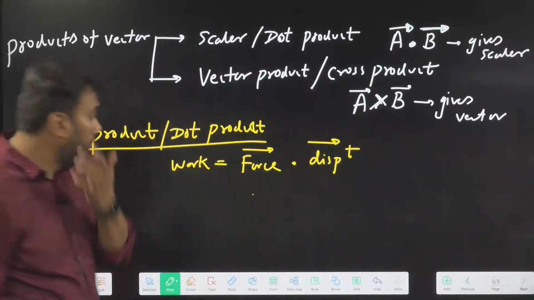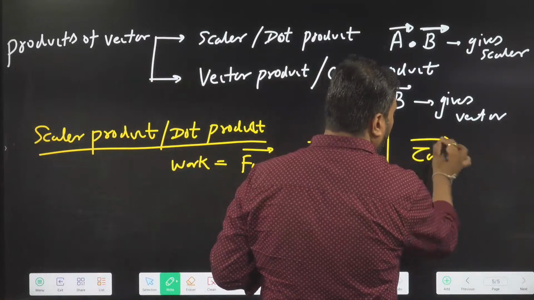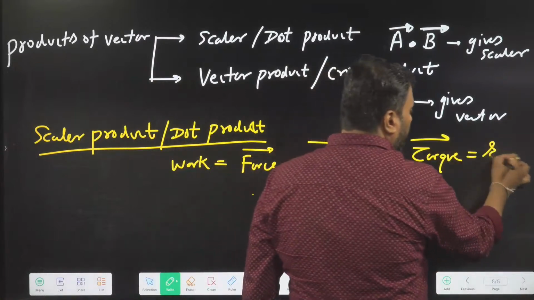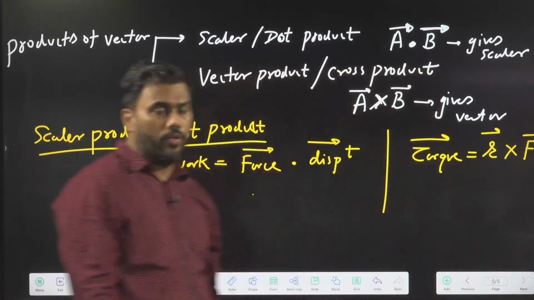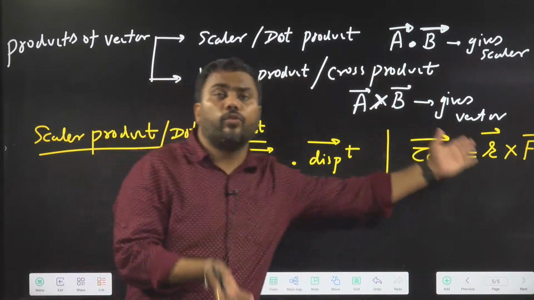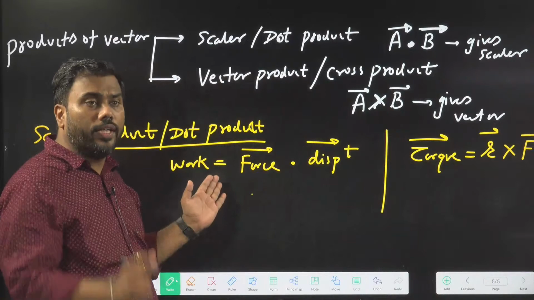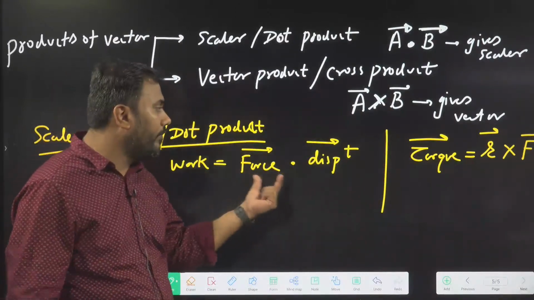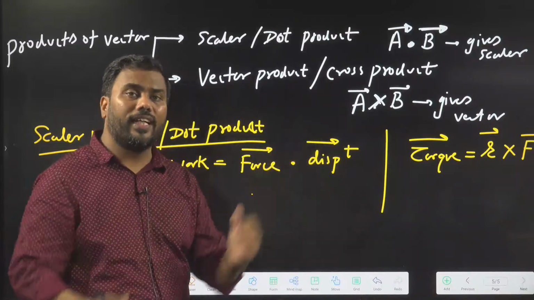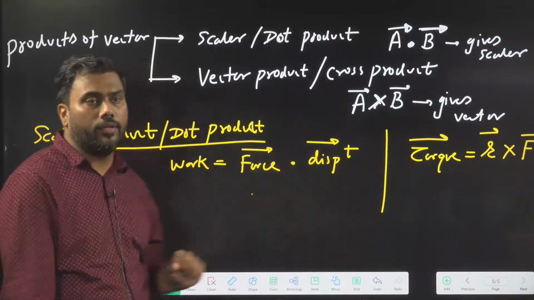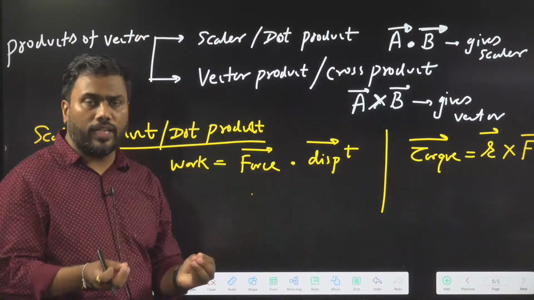And sometimes, for example, torque is a vector quantity, but that is position vector r cross force vector. So we get a vector quantity with two vectors, r and F. And here I am getting a scalar quantity with two vectors. So in nature, we observe that vectors are multiplied in two ways. It is not that we are defining it like this. It's in nature. This is why I was trying to explain why there are two kinds of product.